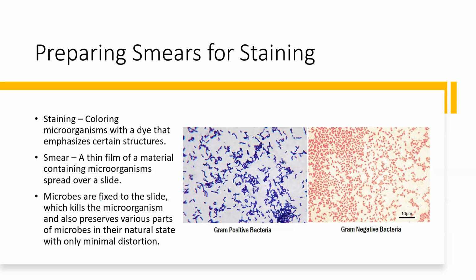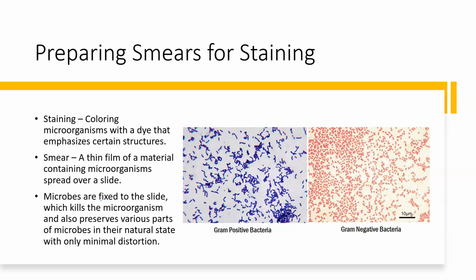That's called heat fixation or heat fixing. We will go through that technique later in the lab, but for the purposes of preparing for lab, we need to make sure we understand how to properly stain and fix our bacterial material to our slide in order to observe it with a microscope.